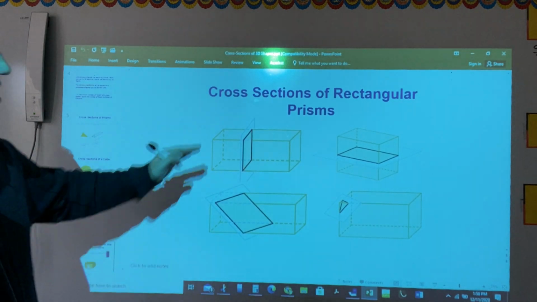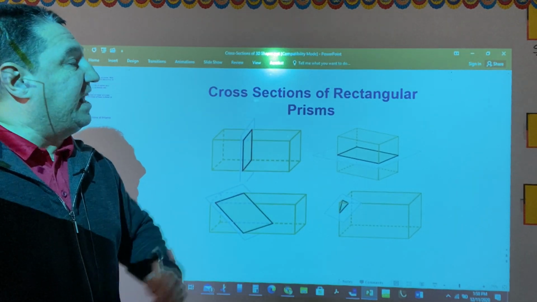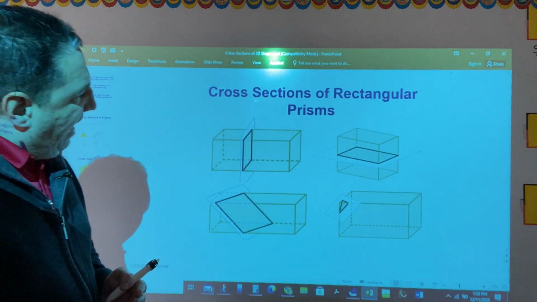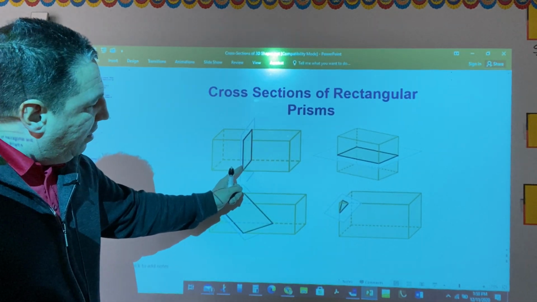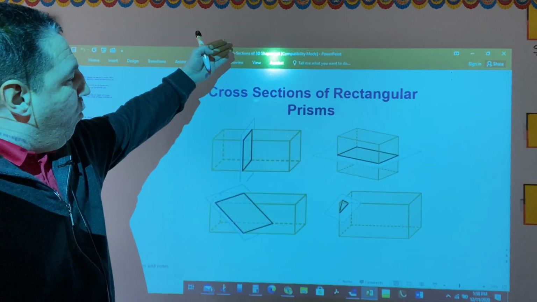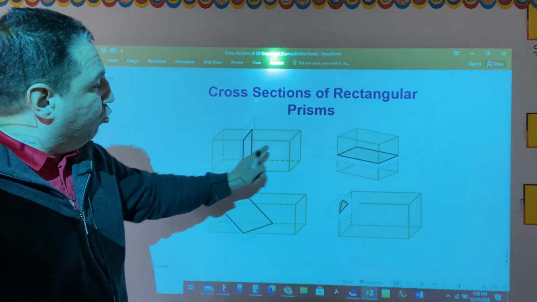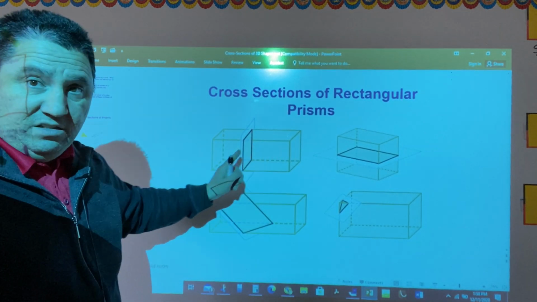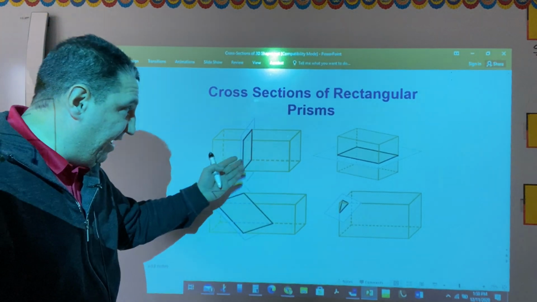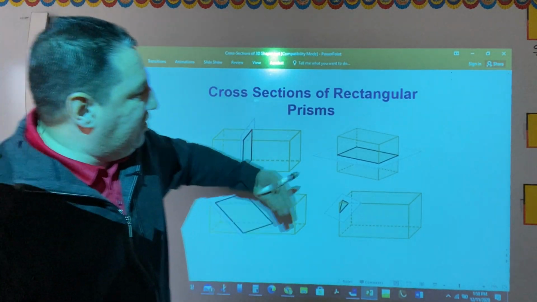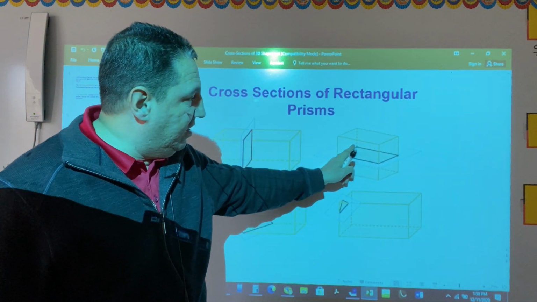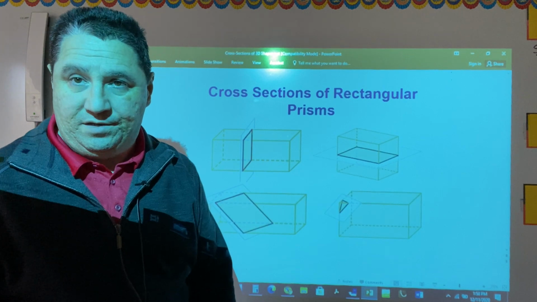Another example is cross sections of a rectangular prism. As you can see, if we cut this rectangular prism with a plane parallel to the base, the resulting cross section is a rectangle. If we cut this prism vertically, again, the resulting cross section is a rectangle.